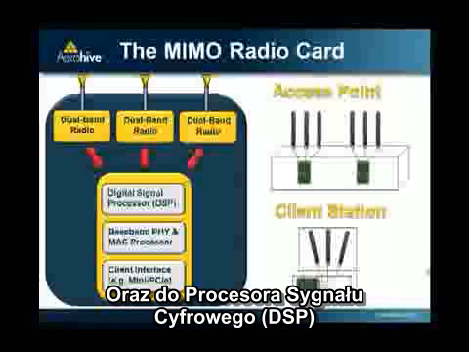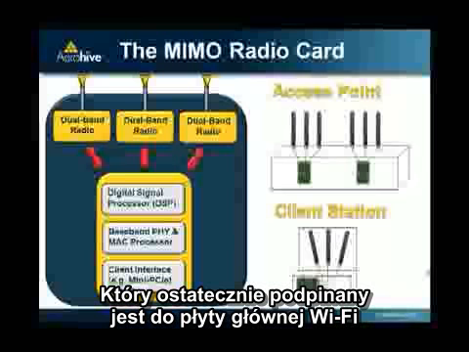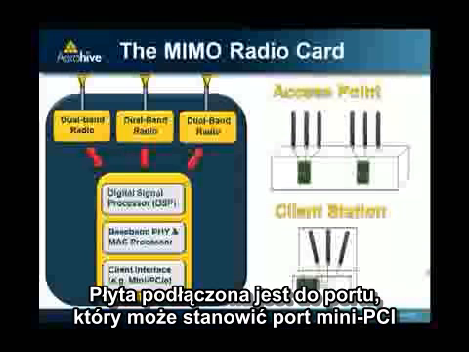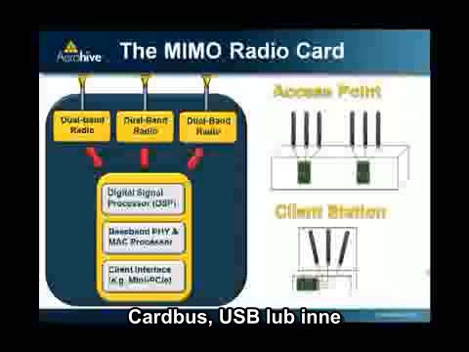Each of the radios is connected to a digital signal processor, or DSP, which in turn connects to the Wi-Fi chipset called a baseband PHY and MAC processor. The baseband processor connects to the bus, which could be mini PCI, mini PCIe, CardBus, USB, and others.